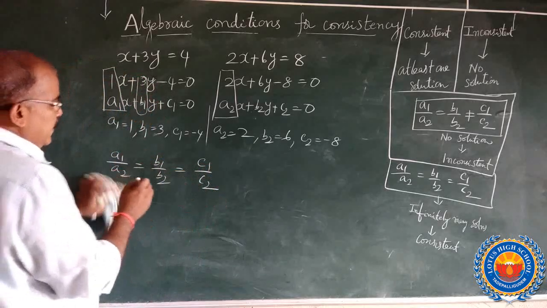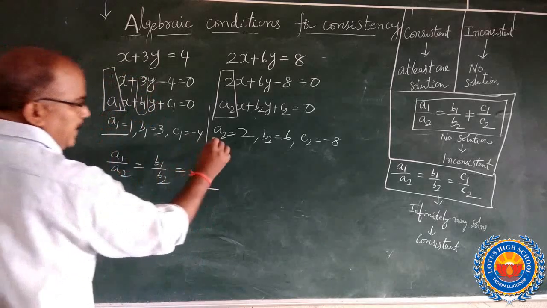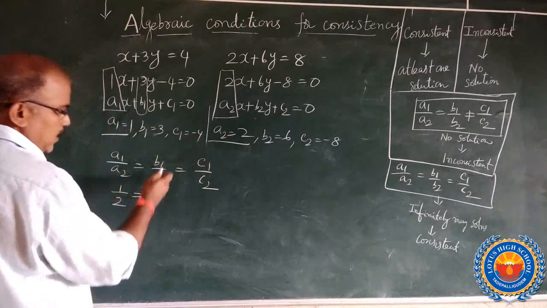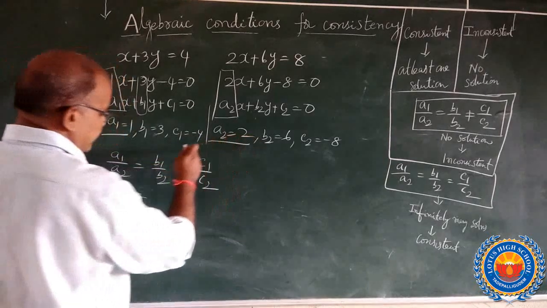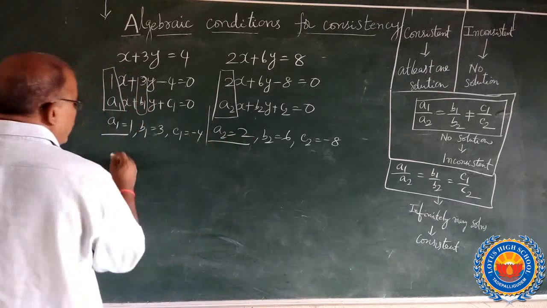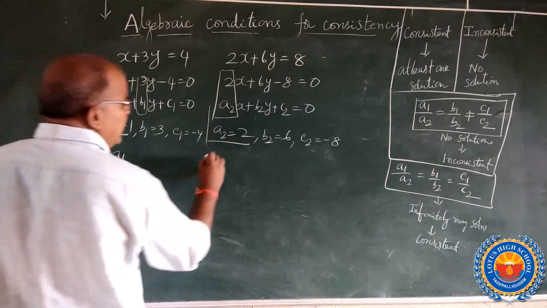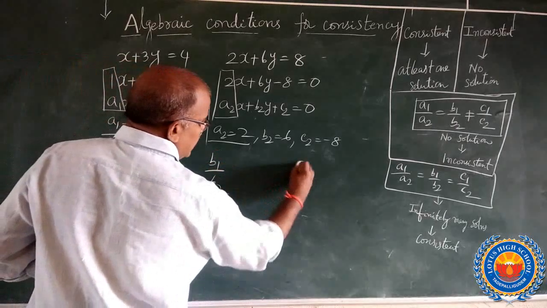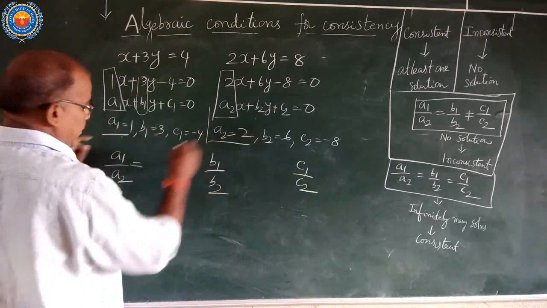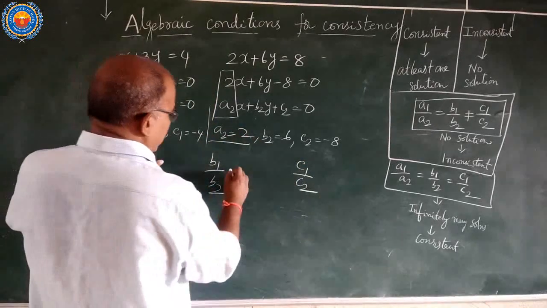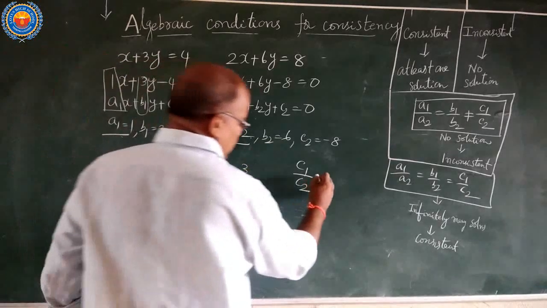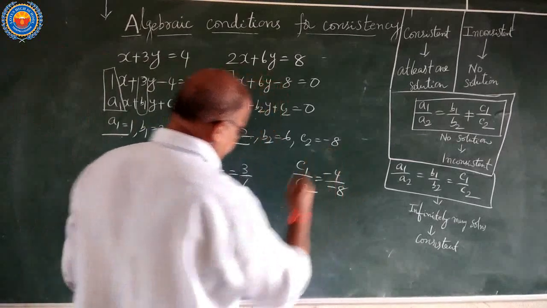Here a1 by a2 is 1 by 2, b1 by b2 is 3 by 6, c1 by c2 is minus 4 by minus 8.